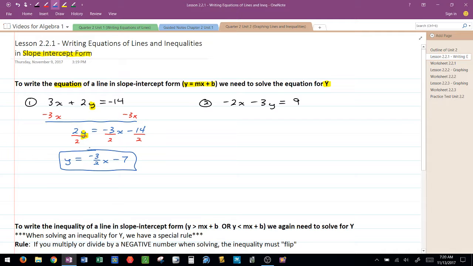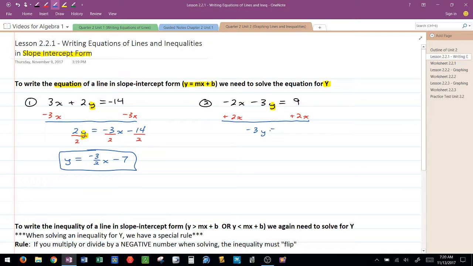Okay, so let's try one more just to make sure that we're good with this. I see my y. I've got to get that all by itself. First thing I want to do is move this negative 2x. So to move the negative 2x, I'm going to add 2x to both sides. This all should look familiar because we did this earlier this year.